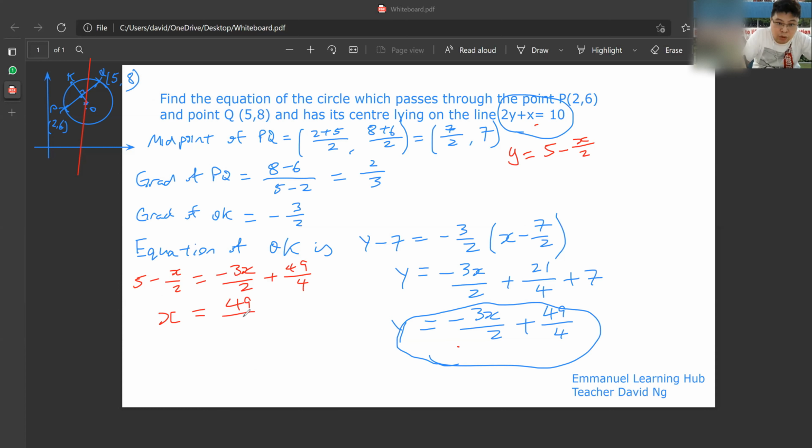Then 49 over 4 minus 5. Because you have 3x over 2 minus x, which is 2x over 2, which is your x. So 49 over 4 minus 5, you get 29 over 4.